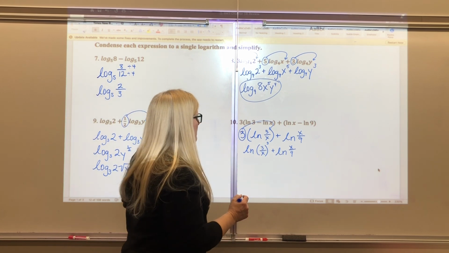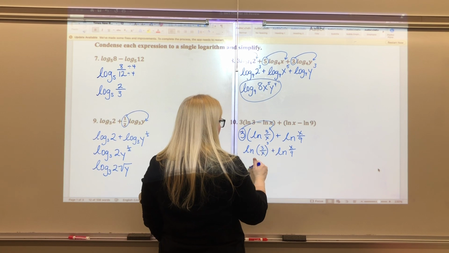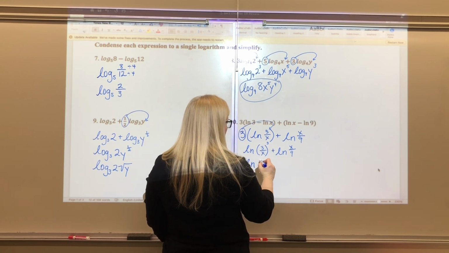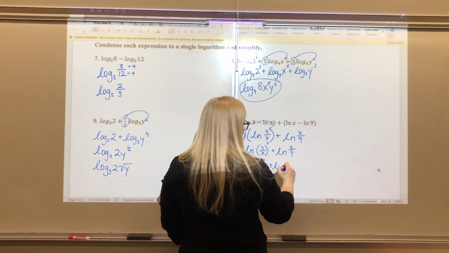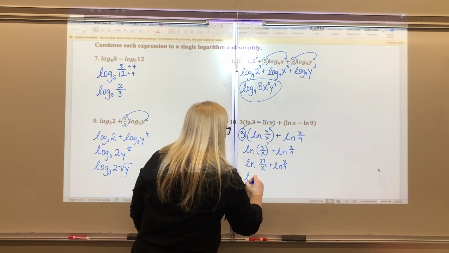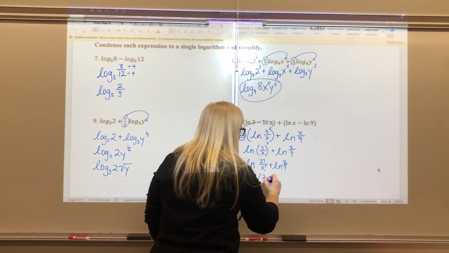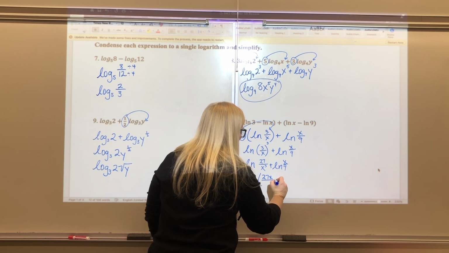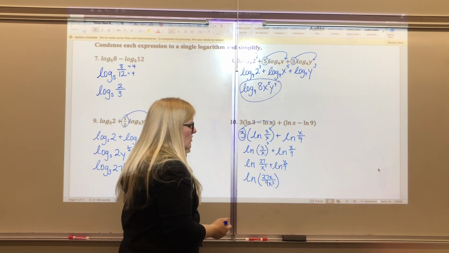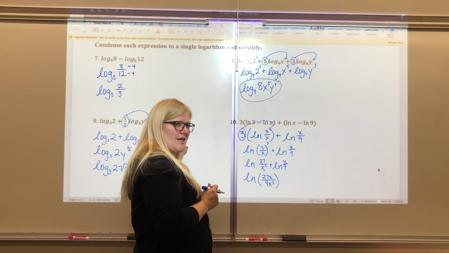All right, so now I'm going to simplify this, so I have the natural log of 27 over x cubed plus the natural log of x over 9. This is a plus, so I'm going to multiply them. So the natural log of 27x over 9x cubed.